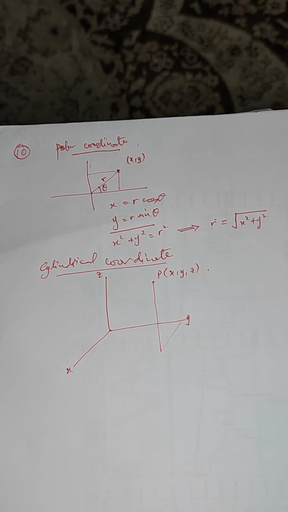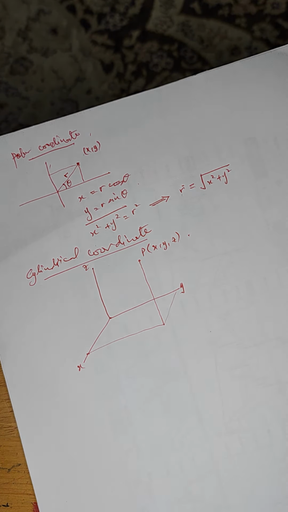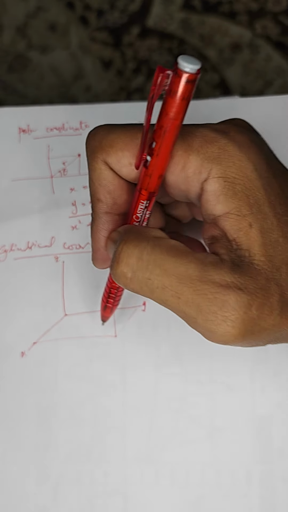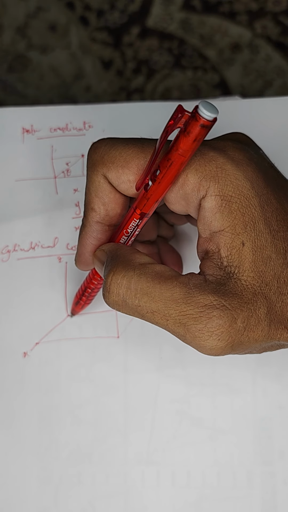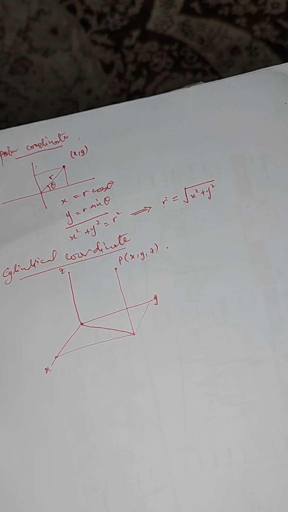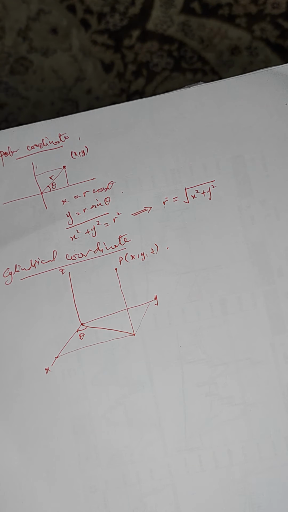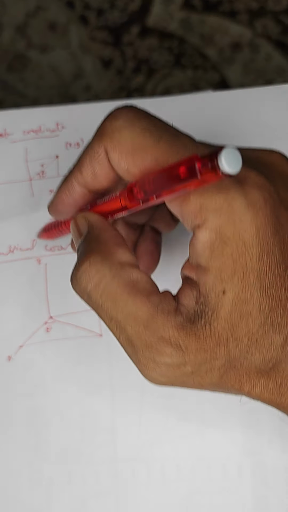So we have that, and let's say this point on the xy plane makes an angle theta with respect to the x-axis.